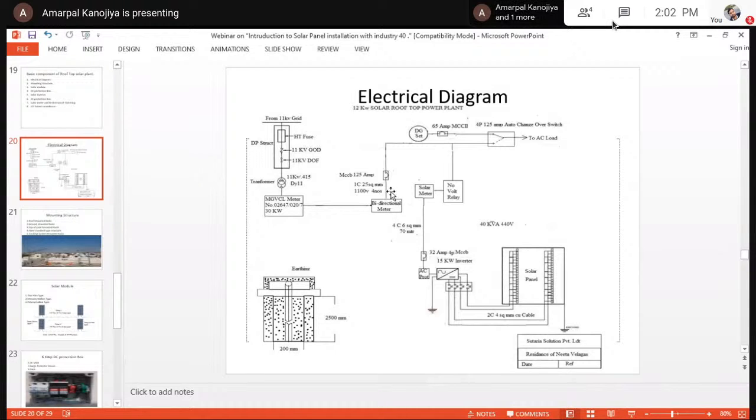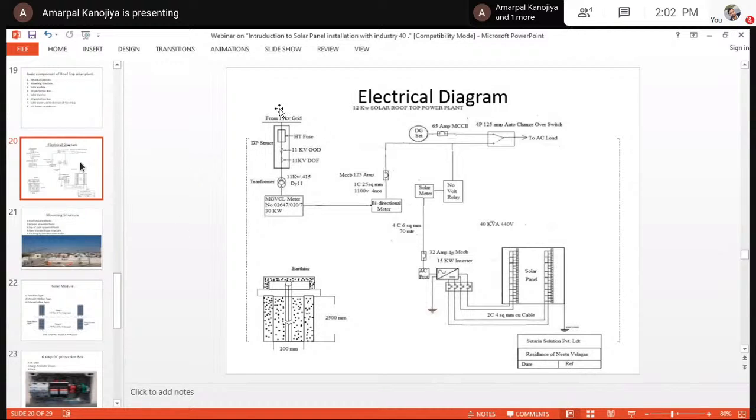Now there is some situation when your generator is not capable of running the connected load of your home, like after 7 p.m. After 7 p.m. there is no solar, so no energy generated from the solar, and at that time your whole household will run on electrical board electricity.